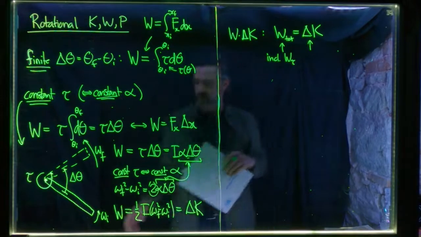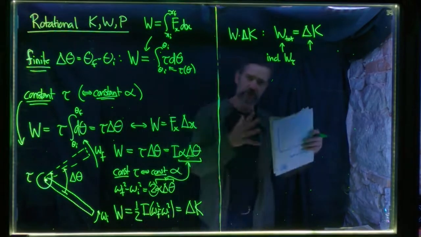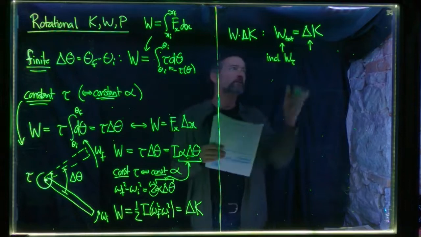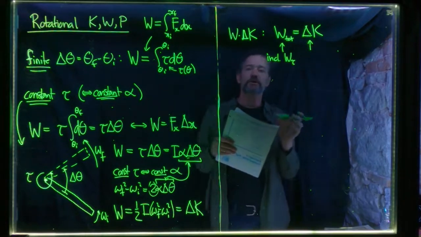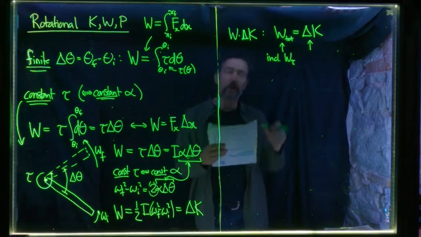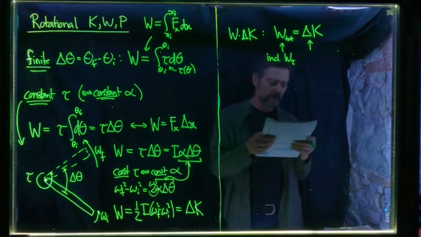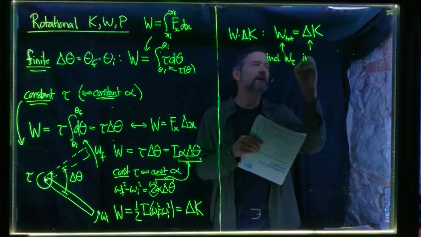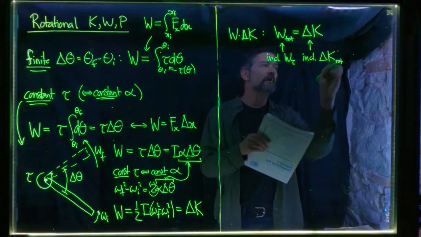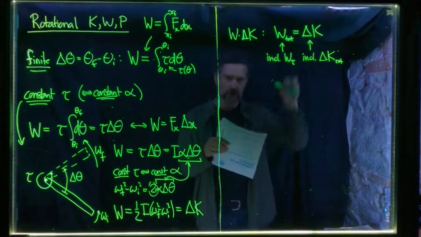So kinetic energy can be stored in translational motion, but it can also be stored in massive objects that are rotating. So we include changes in kinetic energy associated with changes in angular velocities of rotating bodies. So this includes now change in kinetic energy that's stored in the rotation of objects.